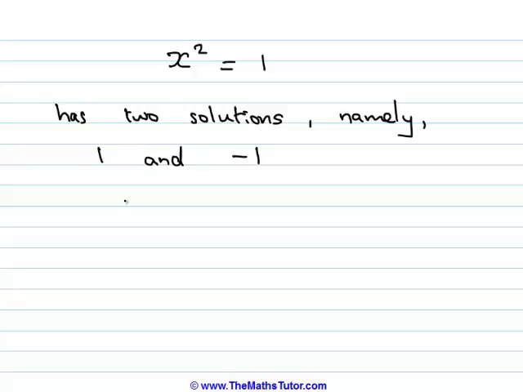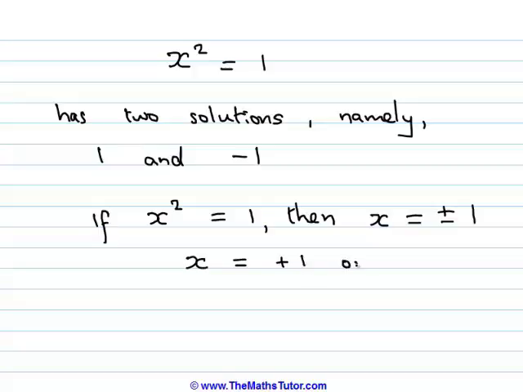Another way of saying this is, if x squared equals 1, then x is equal to plus or minus 1. So this symbol here is shorthand for plus or minus. So we could write it as x equals plus 1 or minus 1. This is just a shorthand way of saying this.